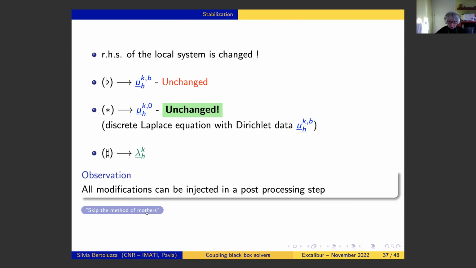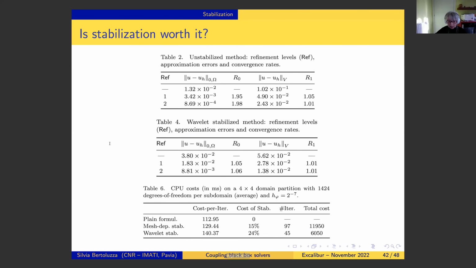So let me jump to this and see if this is worth it. This is the three fields formulation, unstabilized and stabilized. Table 2 and table 4 are the errors. If you measure the error for the U, the error is much better in the unstabilized method than in the stabilized one.